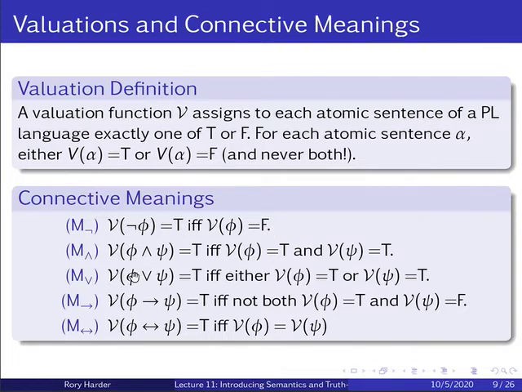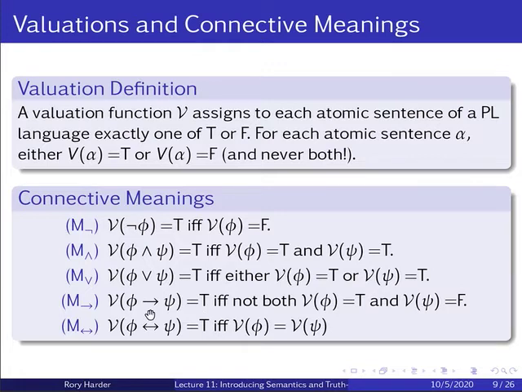And here we say a conjunction of the form phi and psi, no matter how complex phi and psi are, will be assigned true just in case both phi is assigned true and psi is assigned true. For disjunction, we say a disjunction, phi or psi, is assigned true just in case either phi is assigned true or psi is assigned true.